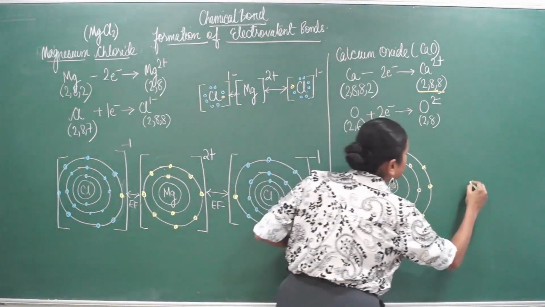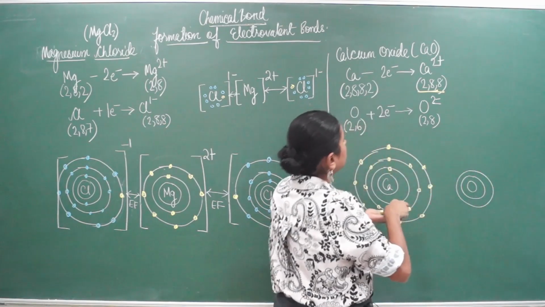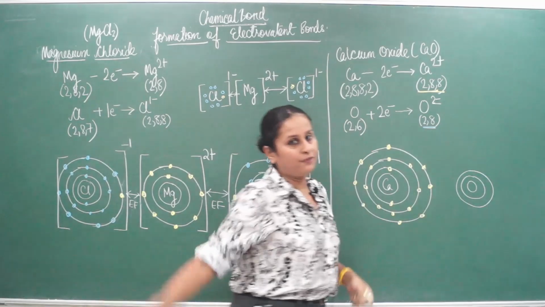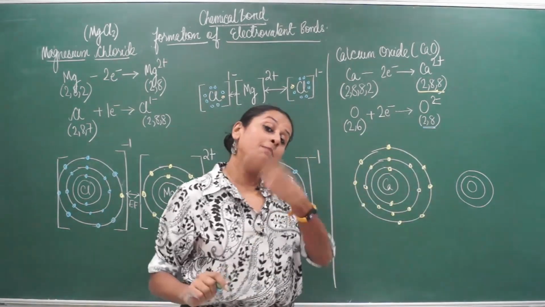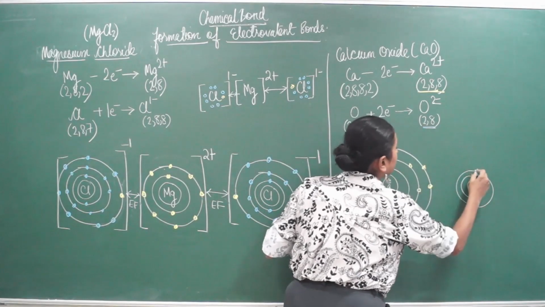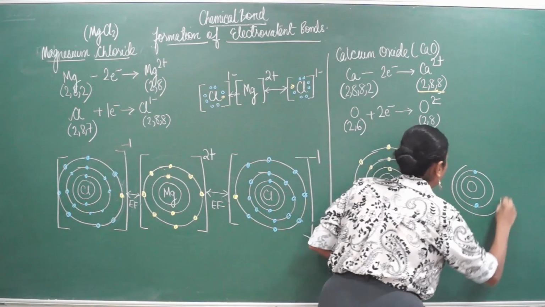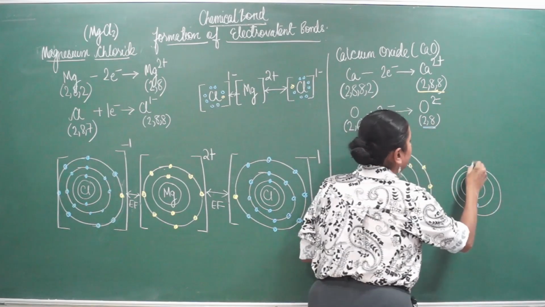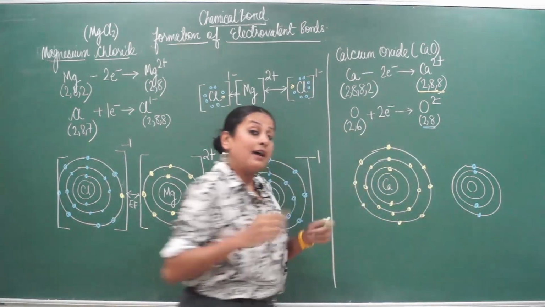So let us come to oxygen. Oxide's configuration is 2,8, out of which 2 electrons are from calcium. So first shell has 2 electrons. Second shell has 8 electrons, of which only 6 are its own.